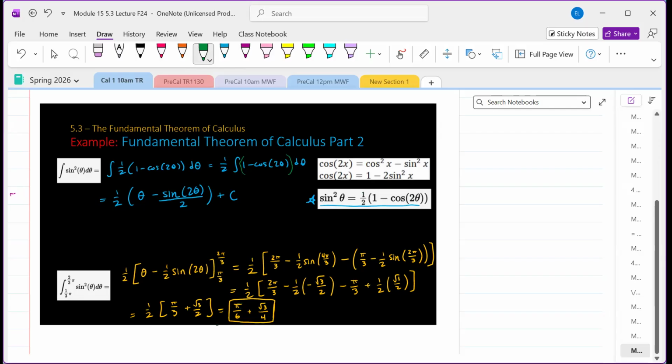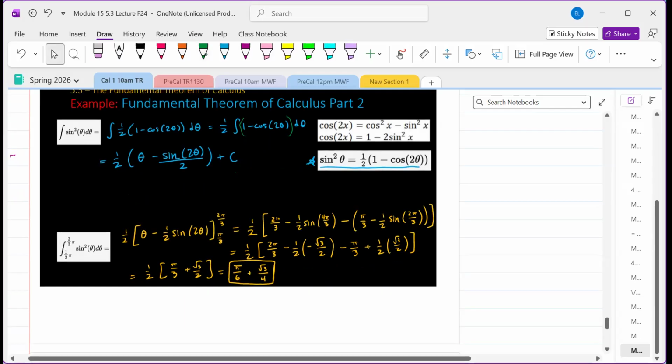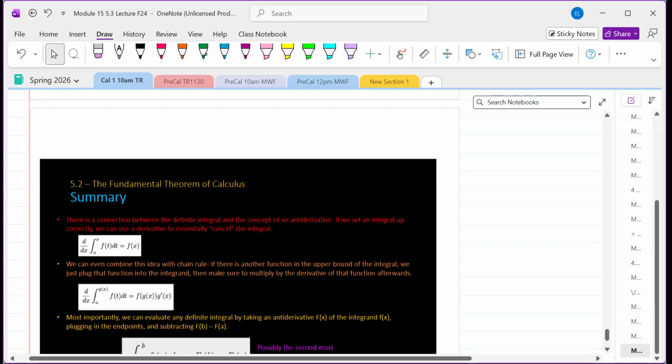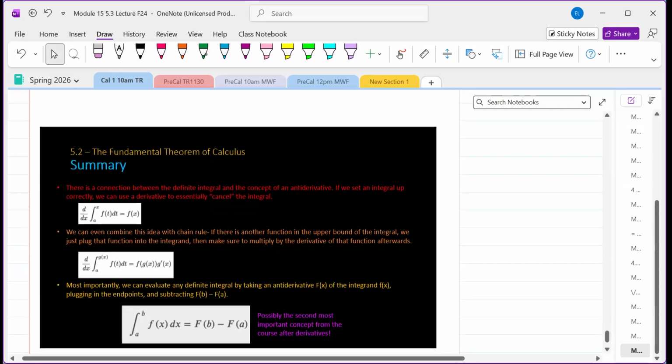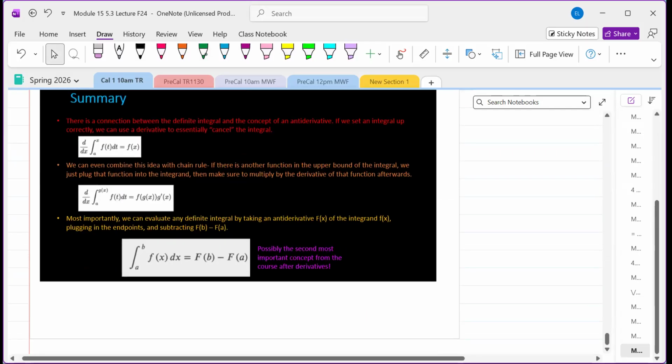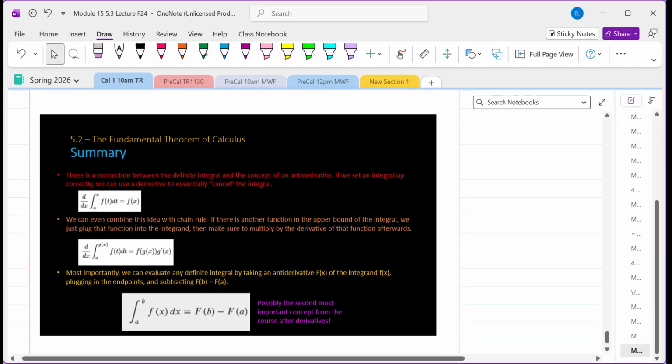It's a really weird setup. So I think there's one question in WebWork that might do this. So that's why the example is here. But that finishes out our fundamental theorem of calculus.